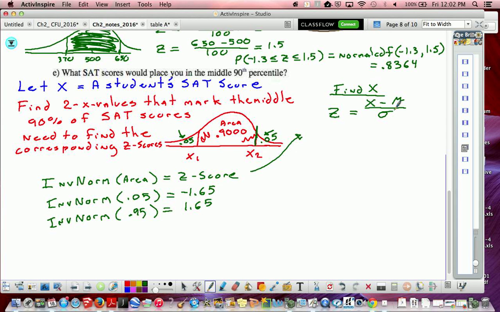Which one do you want to work with first, the negative or the positive? Positive. Most students like to work with the positive first, which is just fine. 1.65, that's my z-score. What's my x? Do I know it? Isn't that what I'm trying to find? Yes. So it's the x1 value. What's my mean? What's my standard deviation?